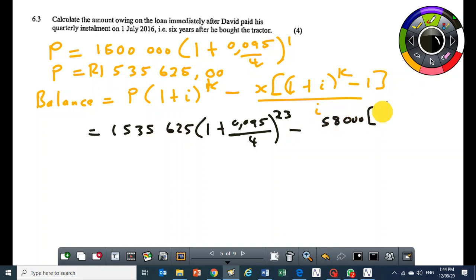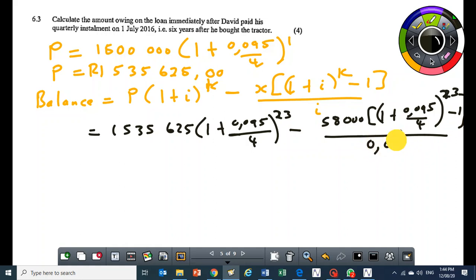Okay, so that's 1 plus 0.095 over 4, all raised to the power of 23 minus 1, divided by 0.095 over 4. So if you simplify this, what do you get? 886,790.15, which is the same answer as the last one.